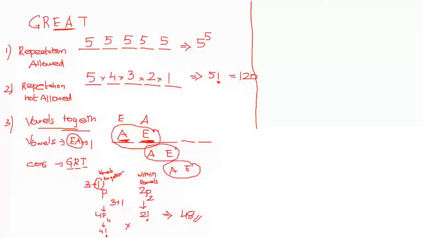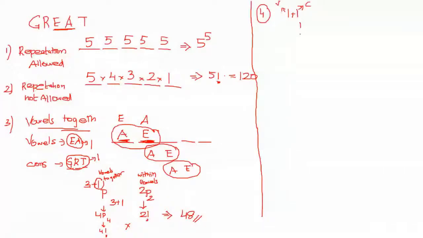Vowels being together means I take all the vowels together, so in that case we consider that as 1. And consonants also being together means all the consonants should also be placed as one single alphabet. So it is like plus 1 now, this is for vowels being together, and this is for consonants being together.